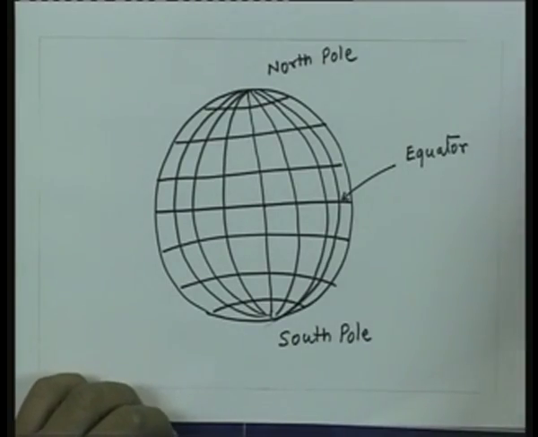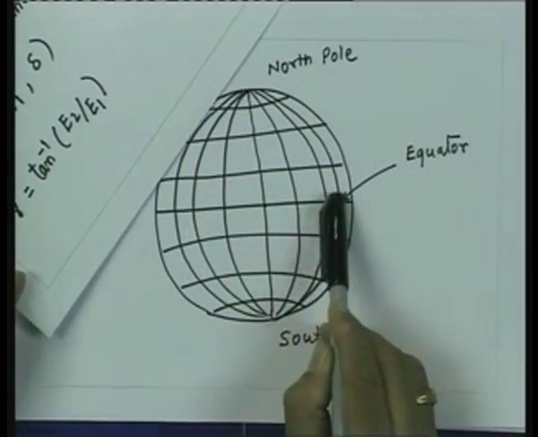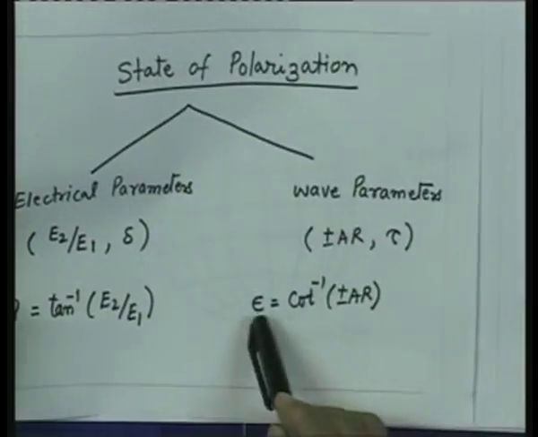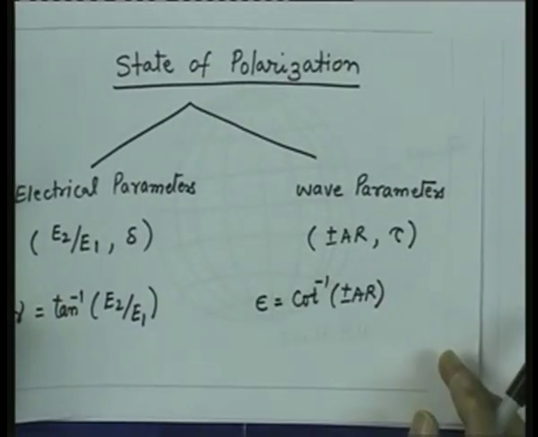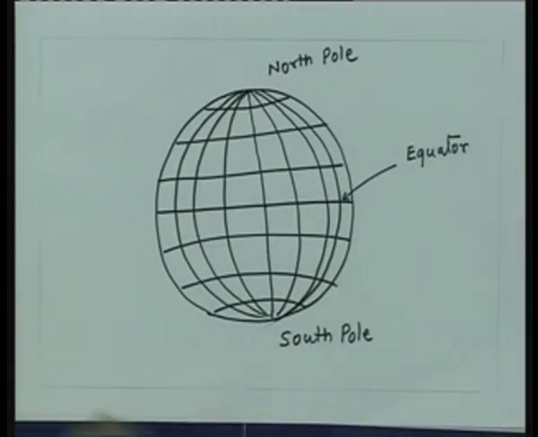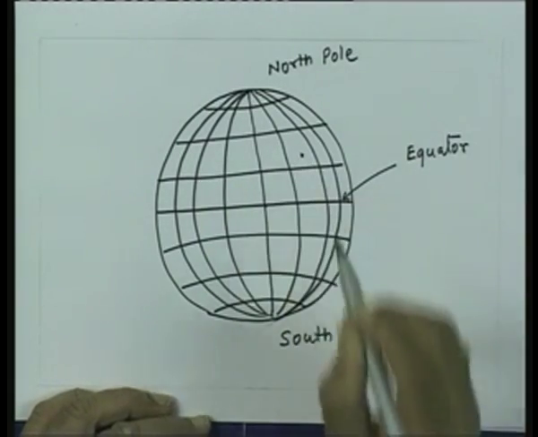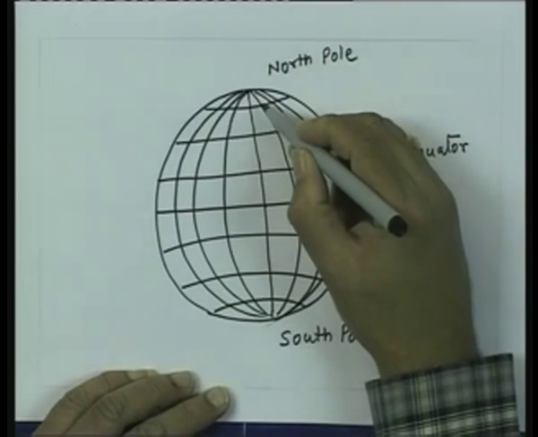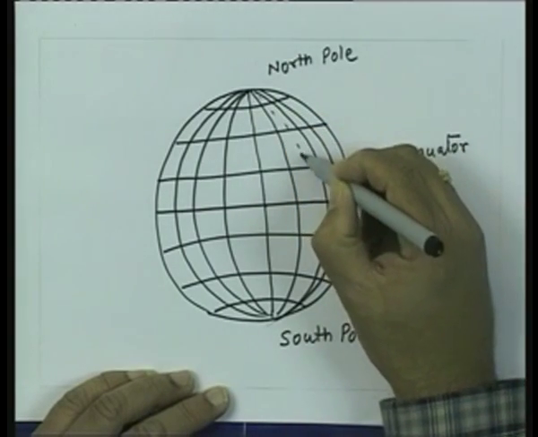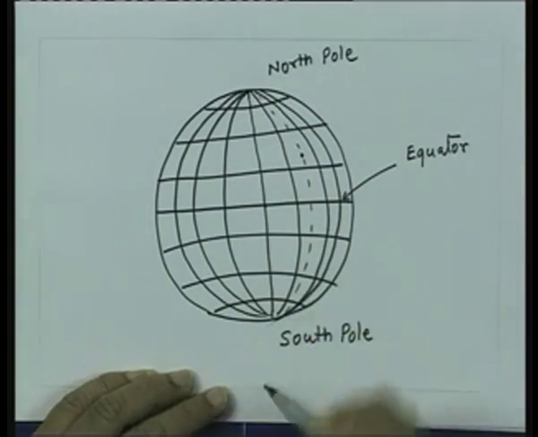What is now realized is that if I take the angles 2 epsilon and 2 tau, where 2 tau represents the longitude and 2 epsilon represents the latitude of a point. So, if I take a particular point here, that is the longitude line passing through this.